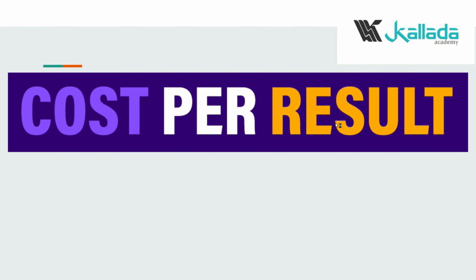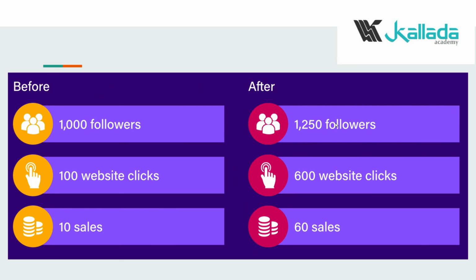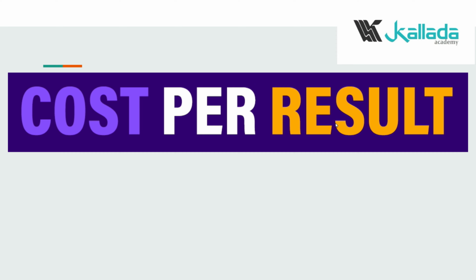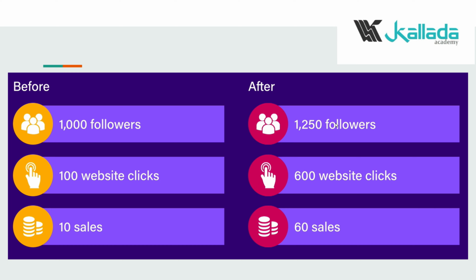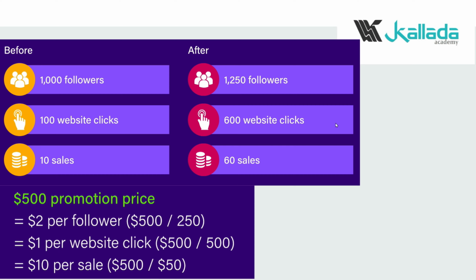Once you have this entire result in front of you, you can find out the cost per result with respect to all these different insights, whether it is followers, website clicks, or sales. What is important for you is to find out the sales numbers and the cost per sale that you are getting.